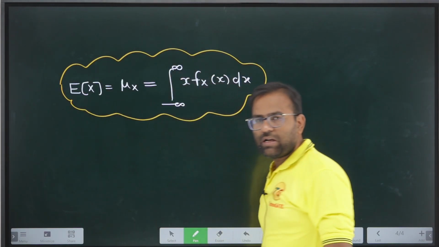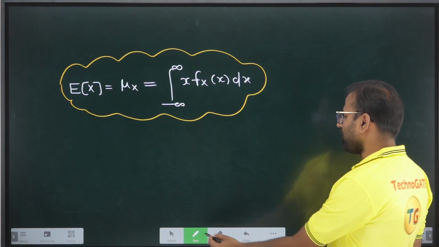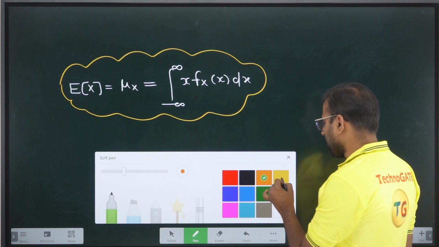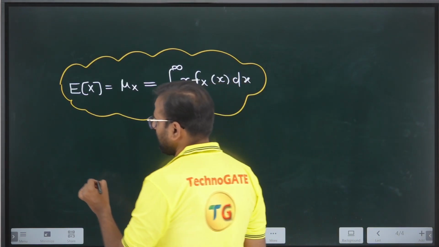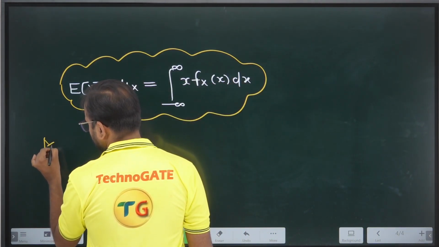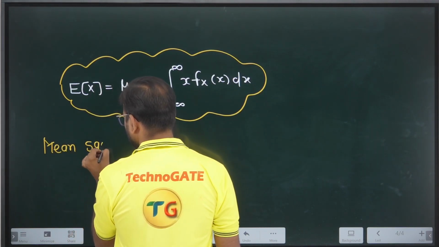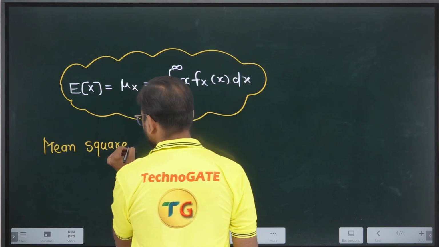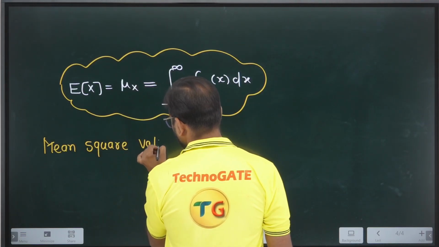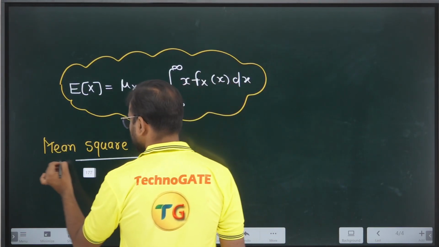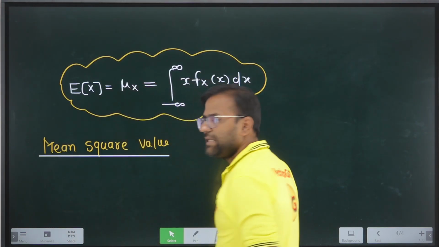The second important thing, related to the power content of random variable x, is the mean square value.